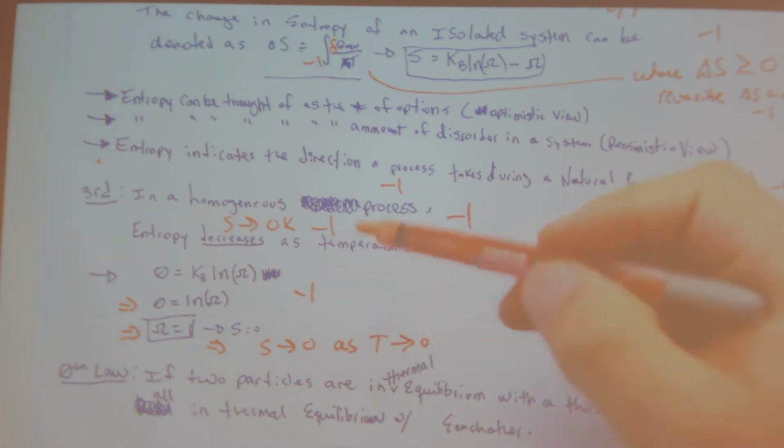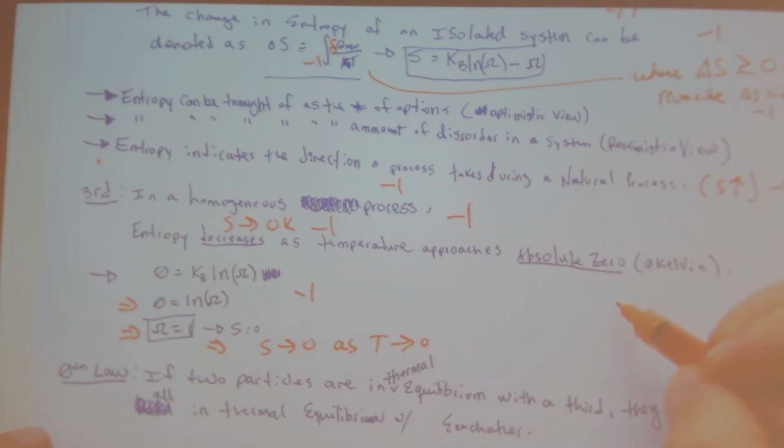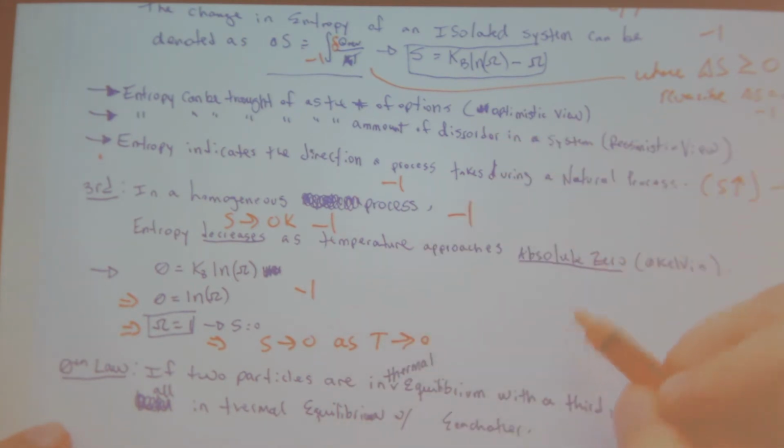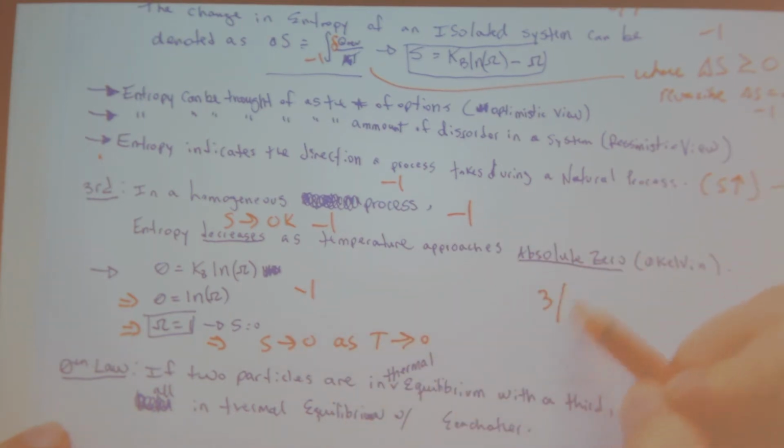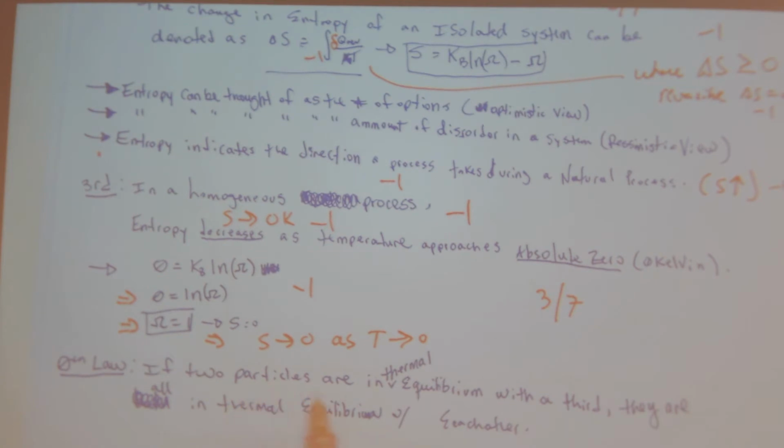So 1, 2, 3, 4. This one, it's not graded as harsh as the second law. It's easier to get 7 out of 7, but okay, so 3 out of 7. And then, if two particles are in thermal equilibrium with a third, they are all in thermal equilibrium with each other.